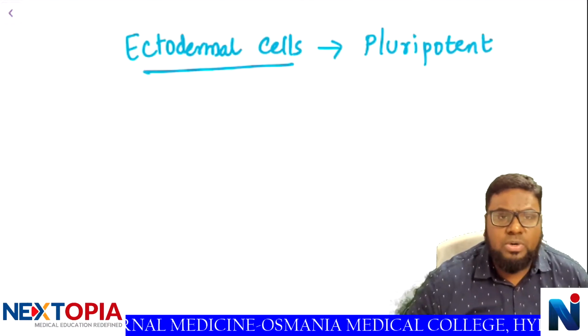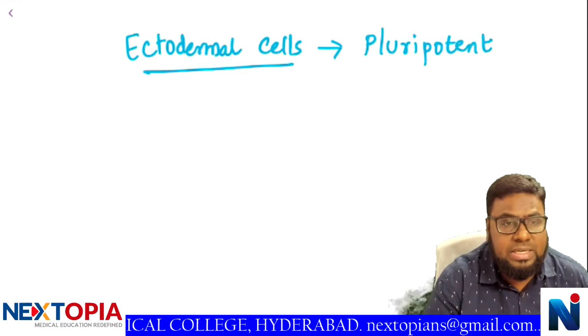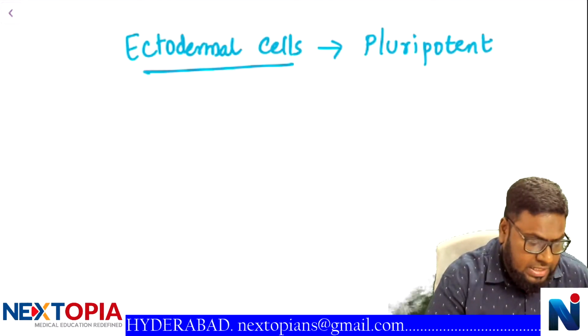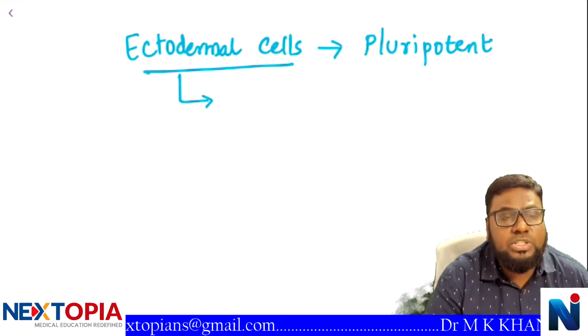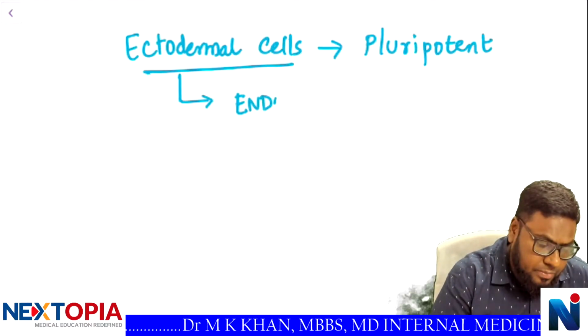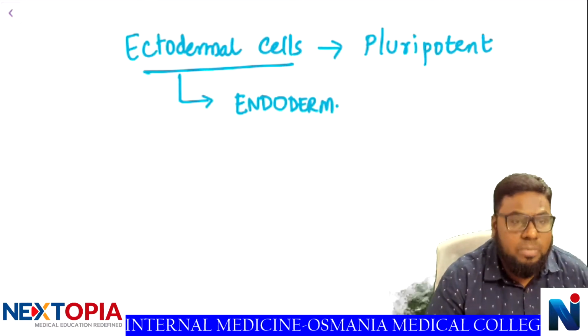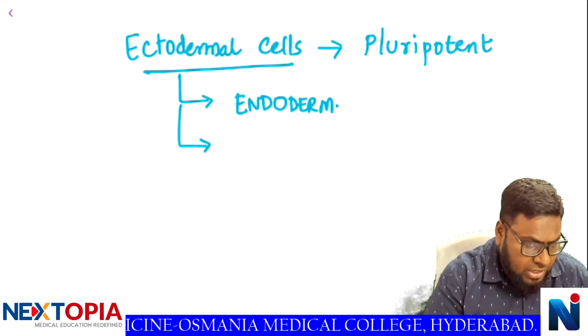So the ectodermal cells, which are pluripotent in nature, are responsible for formation of definitive endoderm. They are responsible for formation of definitive ectoderm.